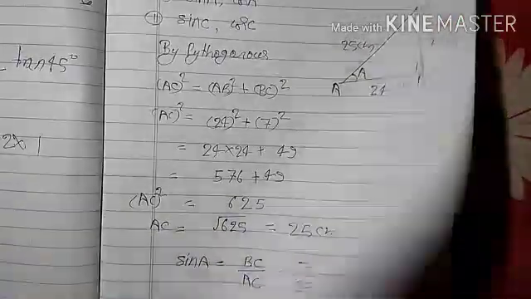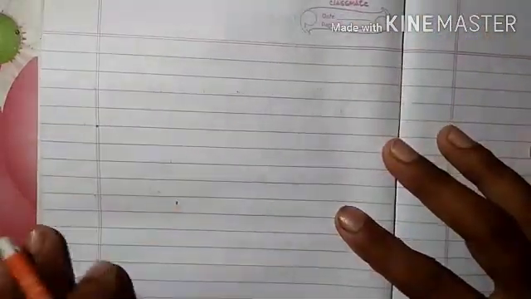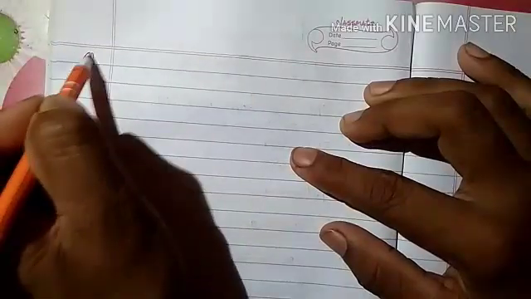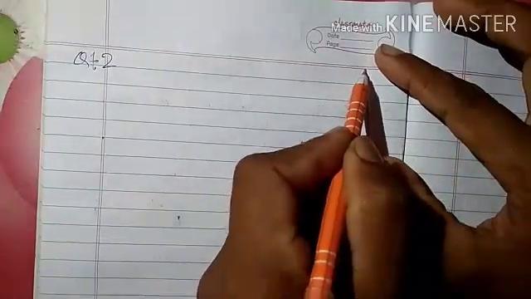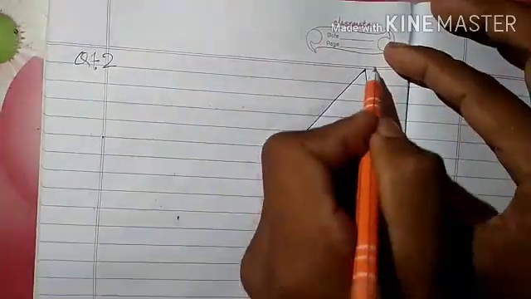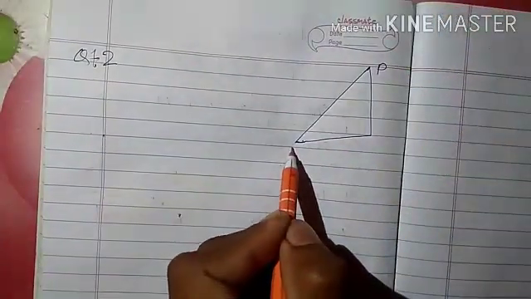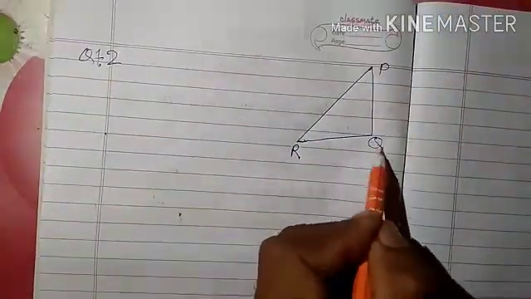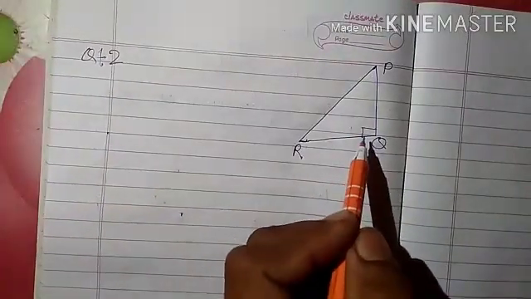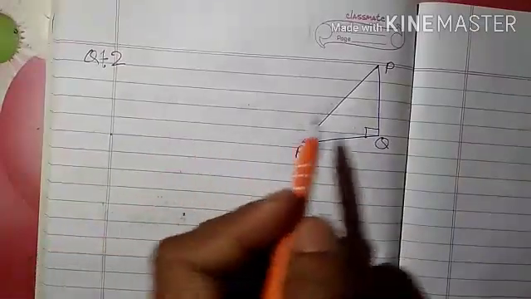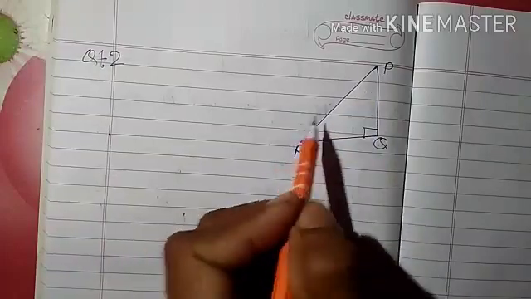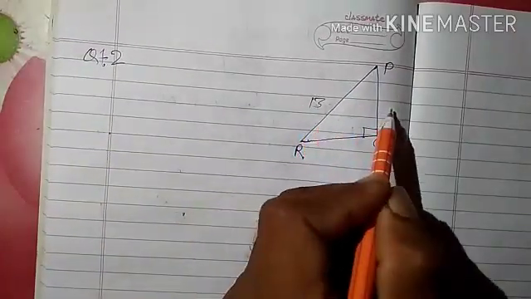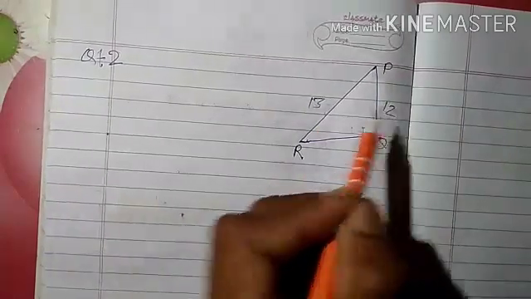Next question number second. This is figure, that is P, R and Q. Q angle is 90 degree, that is PR, that is 13 centimeter and PQ, that is 12 centimeter.